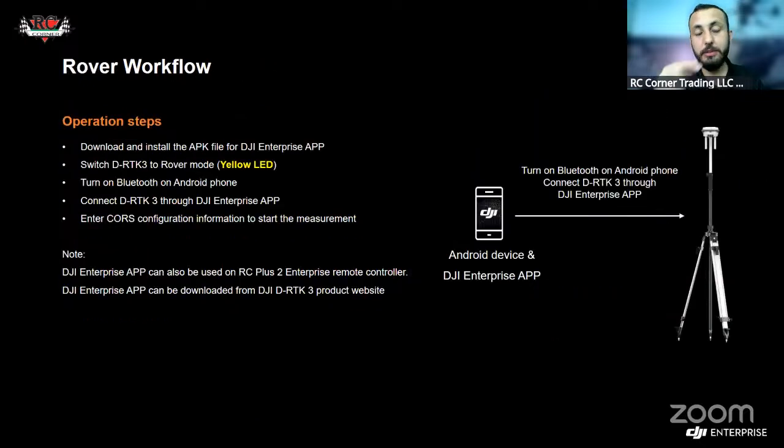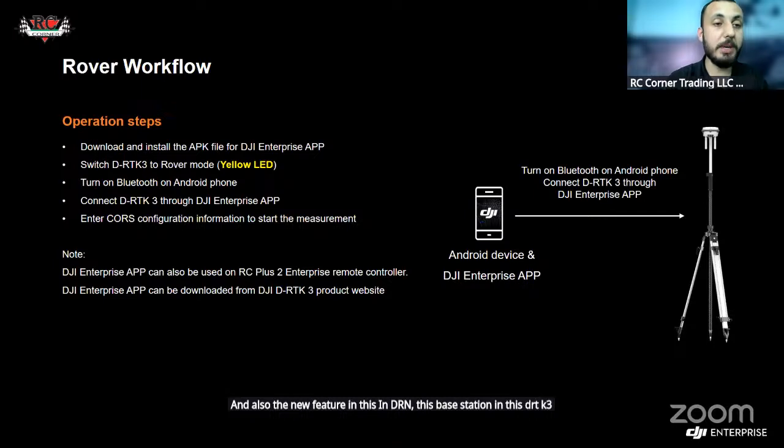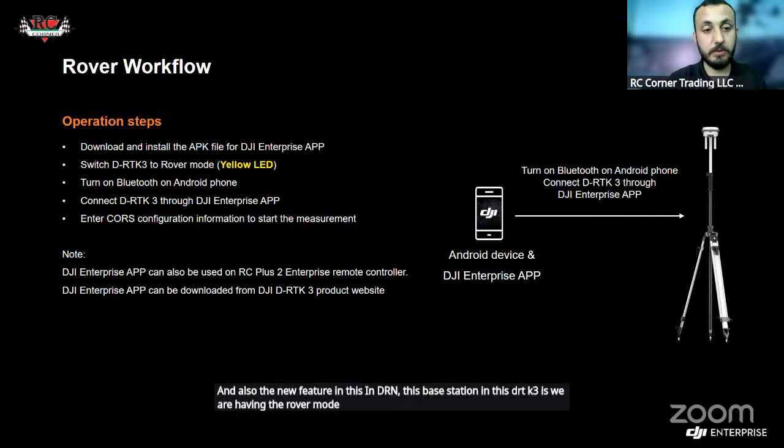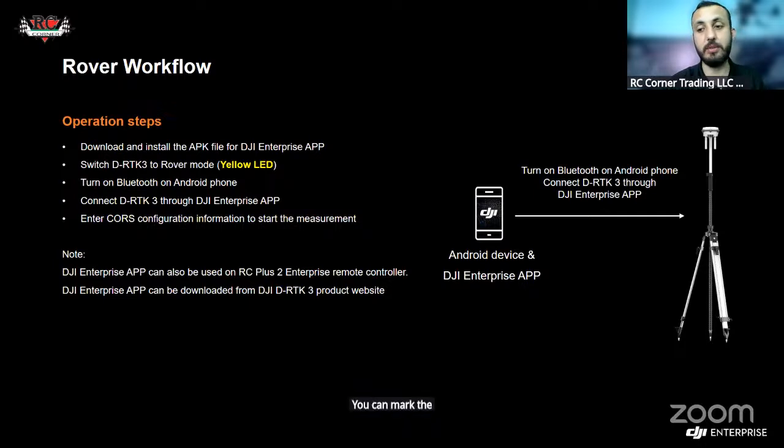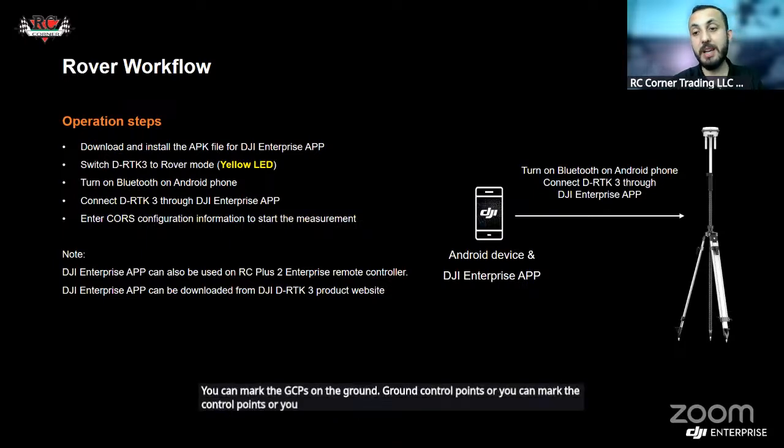And also the new feature in this DRTK 3 is the rover mode. When you switch from green to yellow, you have the rover mode. So what does rover mode do? You can mark the GCPs, the ground control points, or you can mark the benchmarks on the site.